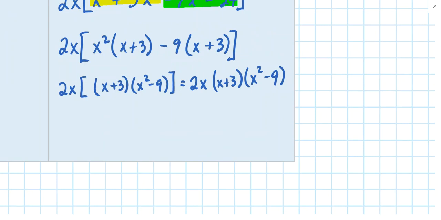You might have noticed that there is a binomial that can be factored further. So the prime factorization of this polynomial looks like this.